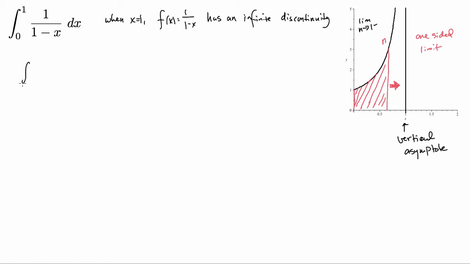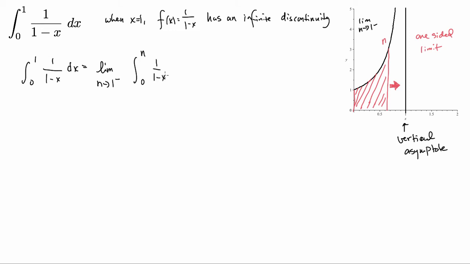So we have the integral from 0 to 1 of 1 over 1 minus x dx, and this is going to be equal to the limit as n approaches 1 from the left of the integral from 0 to n. Basically you think of n as being some value in here that goes up to the value 1.